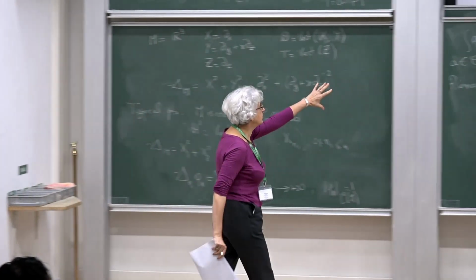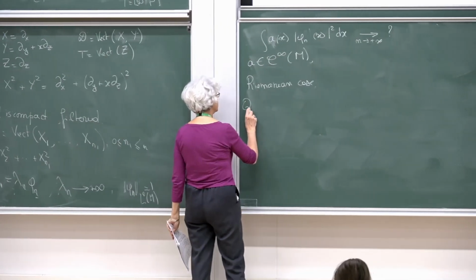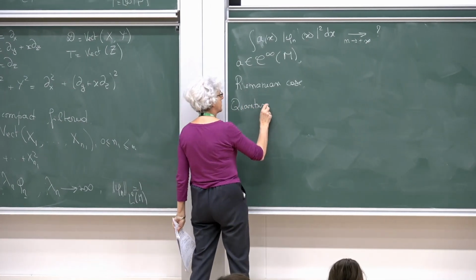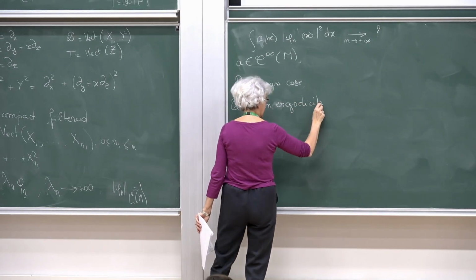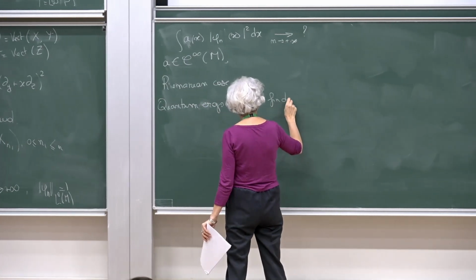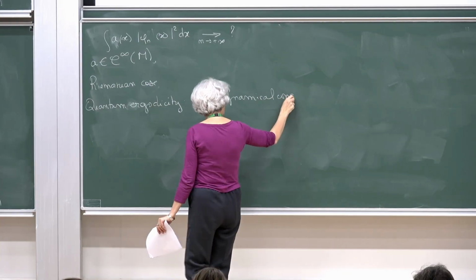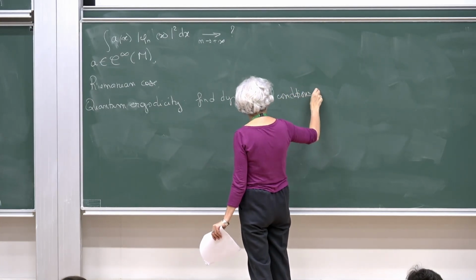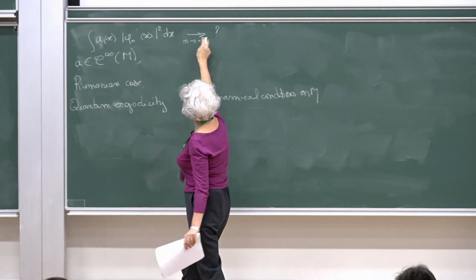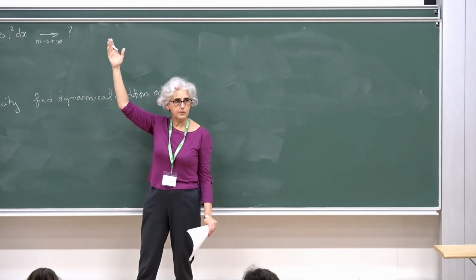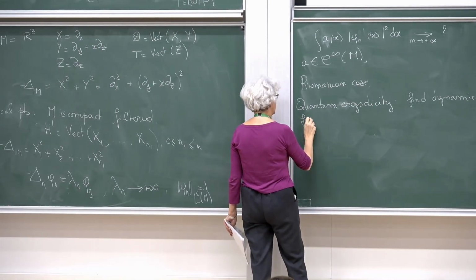So if you look at these quantities, the fundamental results from quantum ergodicity is to find dynamical conditions on the manifold M, so that you know something about the measure which is describing this limit when n goes to plus infinity.